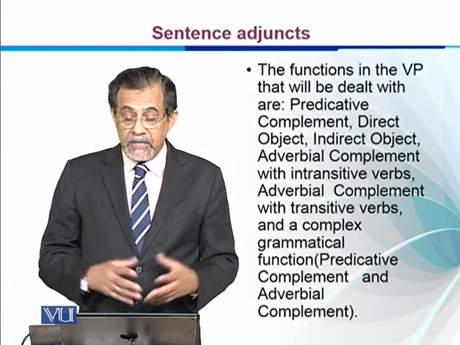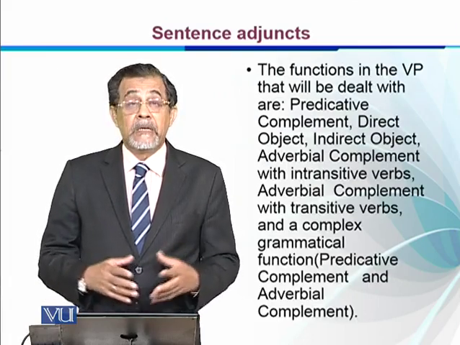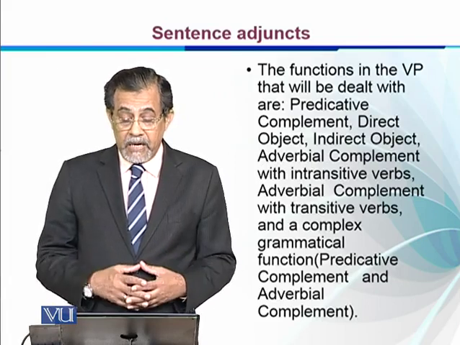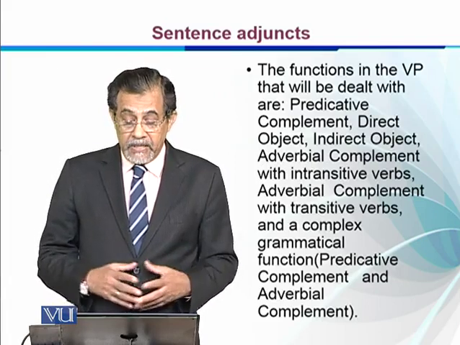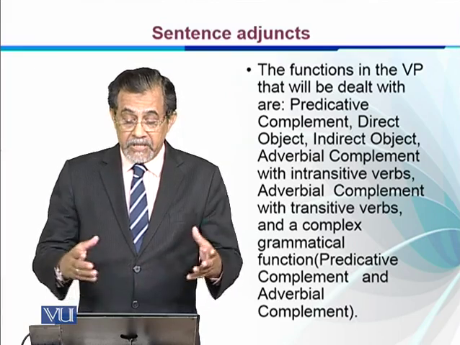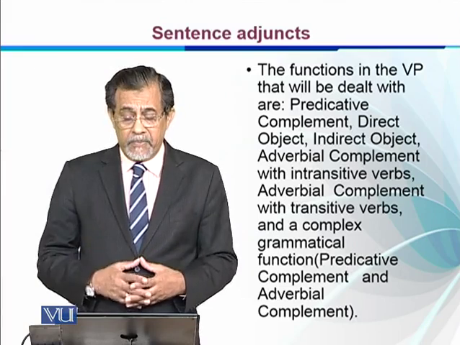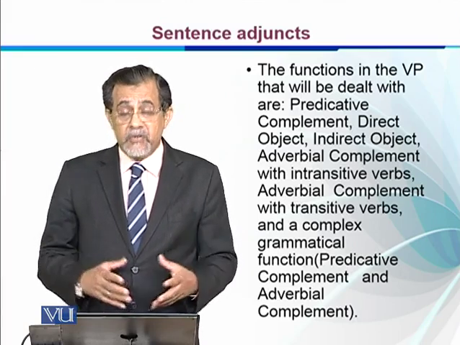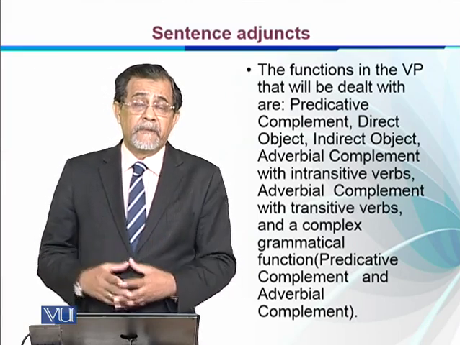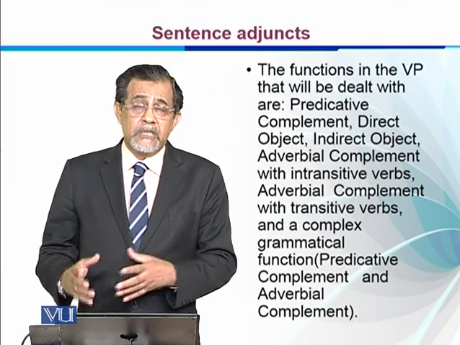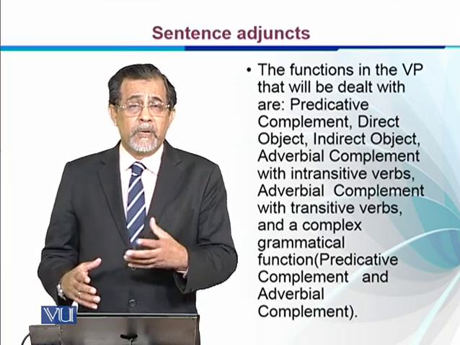So the functions in the VP that will be dealt with are predicative complements, and predicative complements include all these things: direct object, indirect object, adverbial complements. With an intransitive verb we have different complements. With a transitive verb we have different complements.